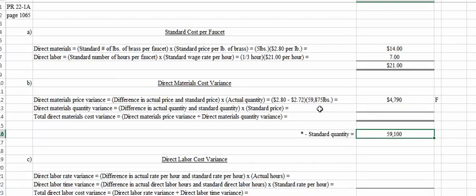59,100 is the standard quantity of pounds of brass used for this level of production. Okay, we want to take the difference in the actual quantity and the standard quantity. Well, the actual quantity was 59,875 pounds. The standard quantity was 59,100 pounds for this level of production. So you guys, we expected to use 59,100 pounds.